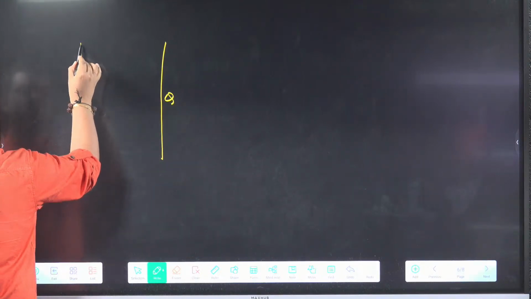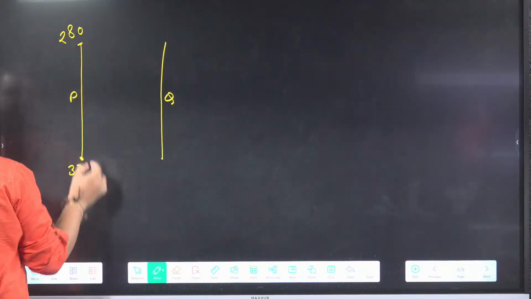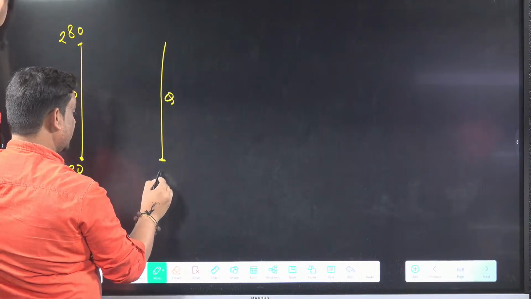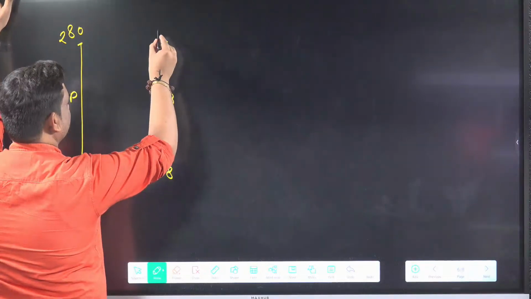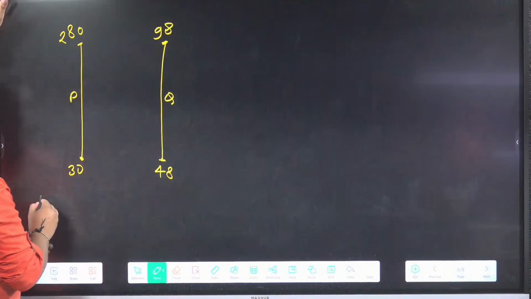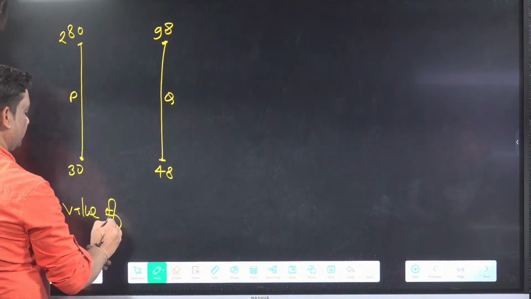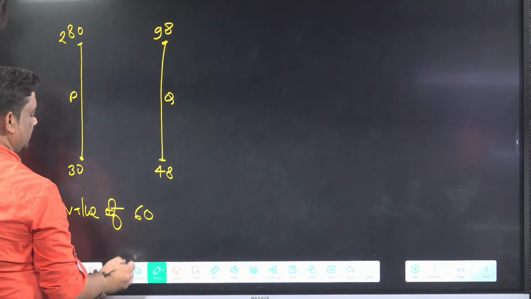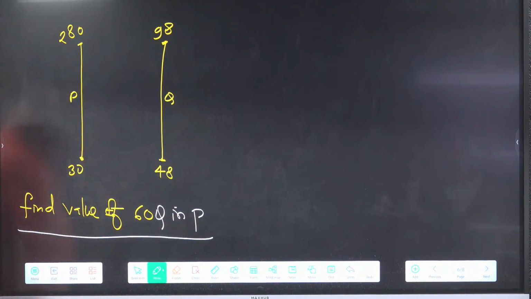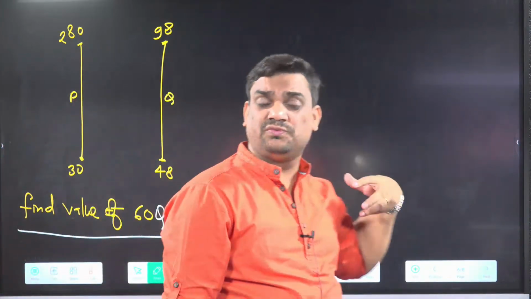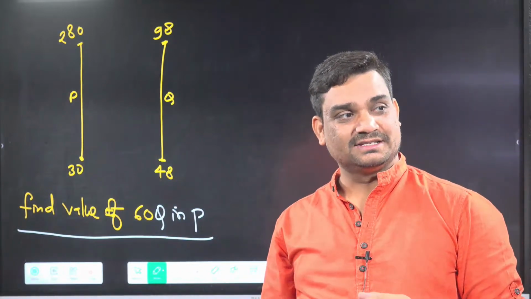I have taken, suppose, 30 and 280, and here I got 48 and here I can take 98. Find the value of 60Q in P. Here the value is given in Q, you need to find it in P. So what will be the answer?